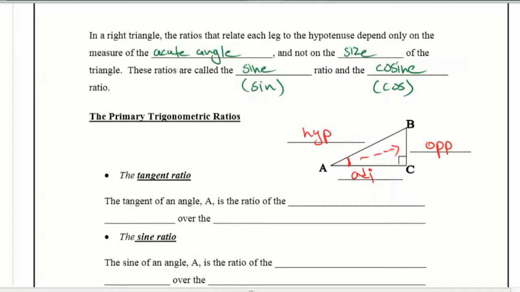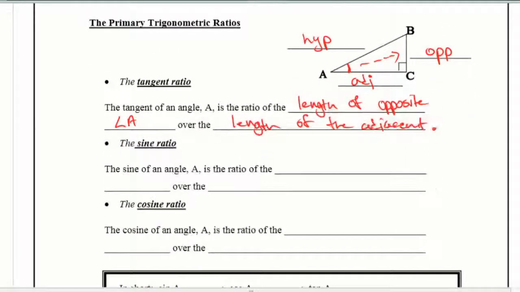So last day we talked about the tangent ratio. The tangent ratio is the length of the opposite angle A divided by or over the length of the adjacent. So that was tangent. That's what we talked about last day. We can also talk about the sine ratio.